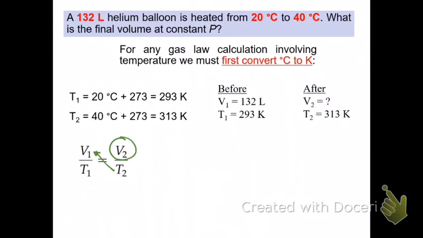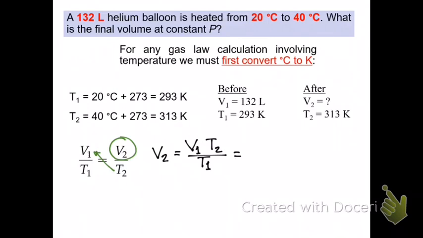So now volume 2 is equal to V1 times T2 divided by T1. And all you have to do now is plug in the numbers.